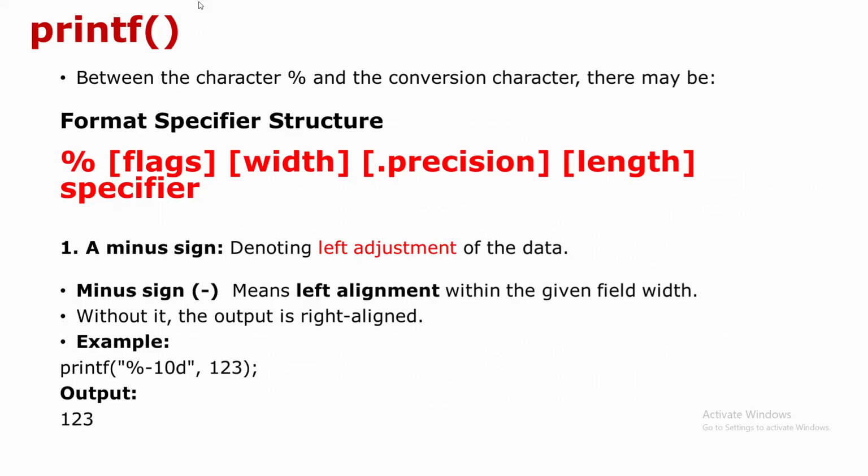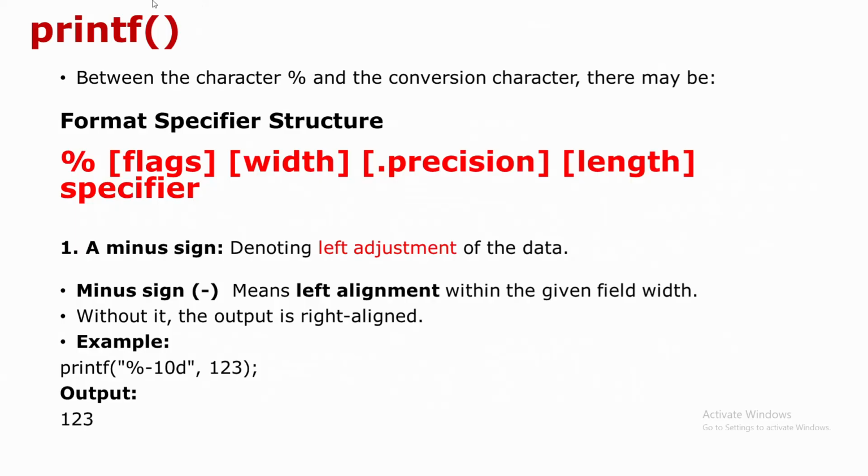Third, precision. Precision controls the number of digits after the decimal point for floating numbers. Fourth, length modifier. It tells whether the value is int, long, or another larger data type. Finally, the specifier tells the type of data. For example, %d for integer, %f for float, %c for character, %s for string.